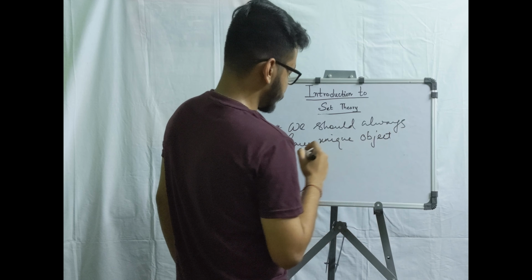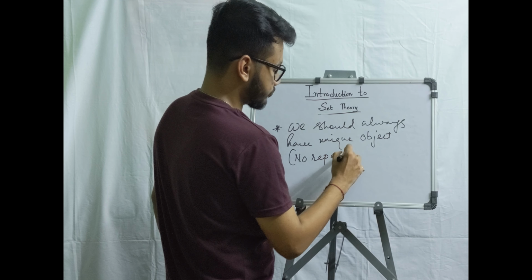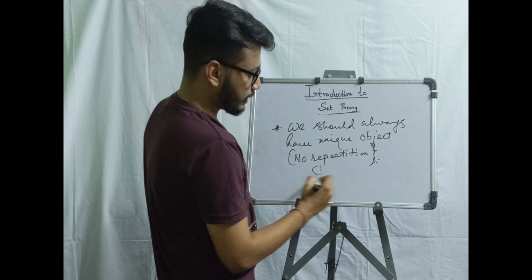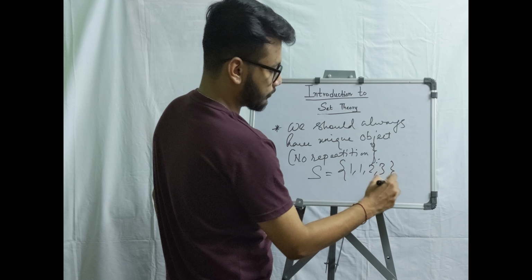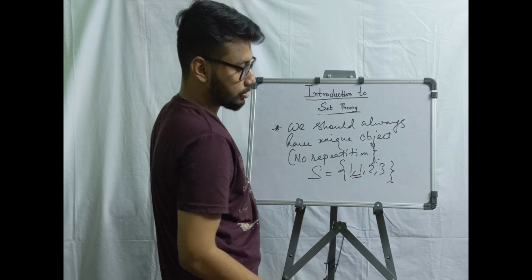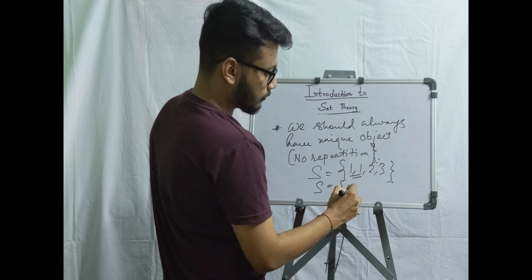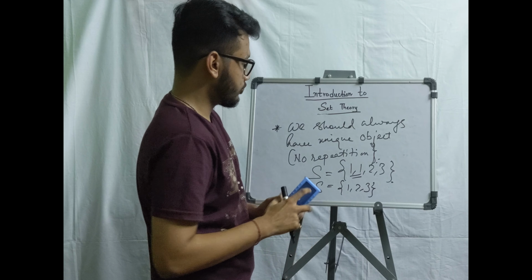So no repetition should be allowed. So if I write S as 1, 1, 2, 3, okay, this is wrong. We have to write S as 1, 2, 3. So it should be always unique, right?